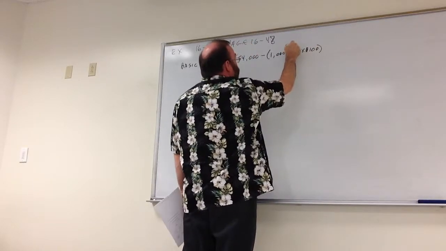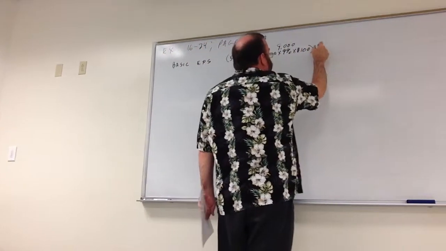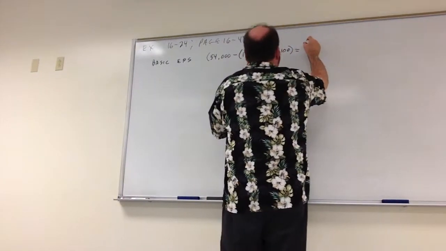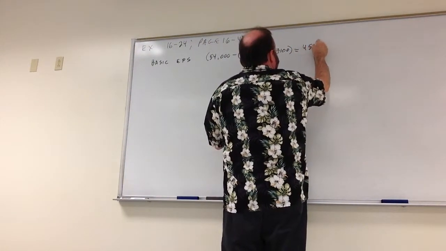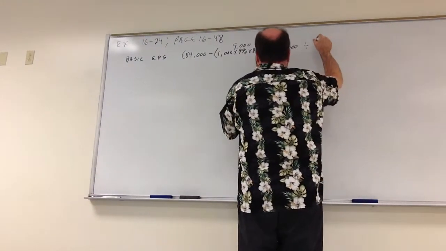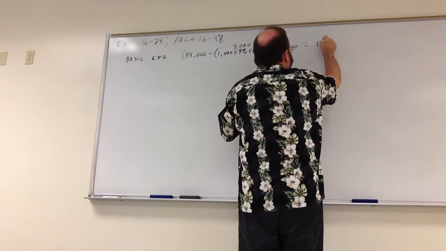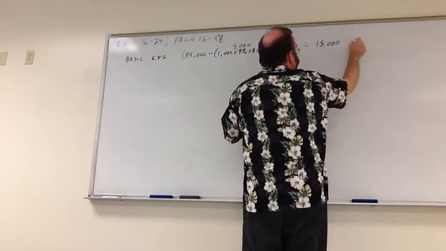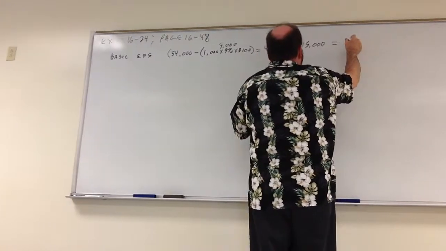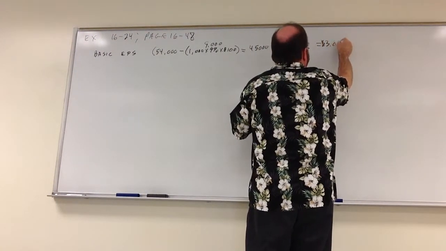That's all $9,000. That equals 45,000 divided by the 15,000 shares that were outstanding throughout the year. So basic earnings per share is $3 per share.